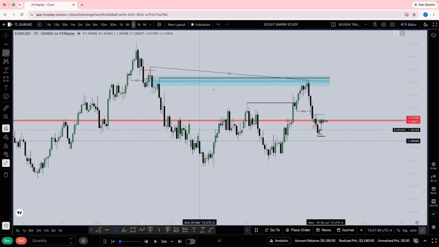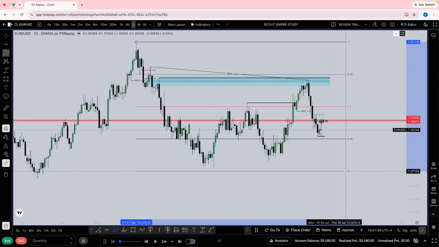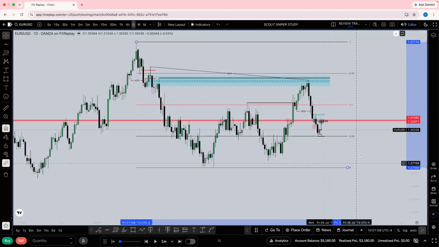So if I was to draw a 25% fib across this, you would see that this line right here is 50% of this high to this low, and up here is 75%. So down here would be like 70, so we're in premium, meaning that anything below 50 is discount, anything above 50 is premium.